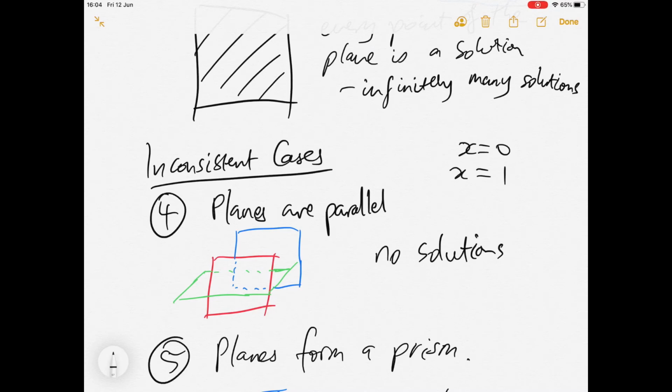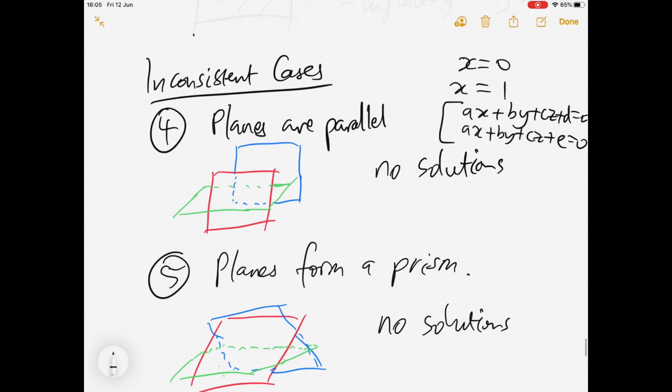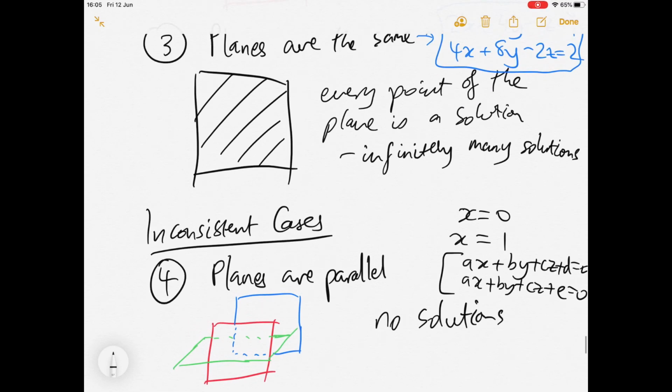X equals 1 is parallel and lifted a distance 1 up from the screen. In general, planes like ax plus by plus cz plus d and ax plus by plus cz plus e are parallel. So if you have two equations like this, you're in this case, and you have no solutions, assuming they're not all three the same.